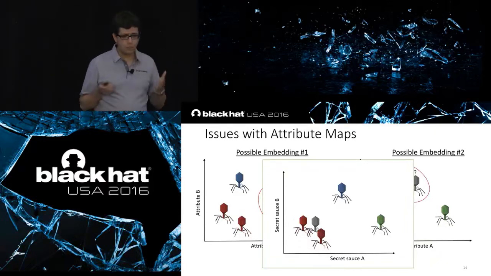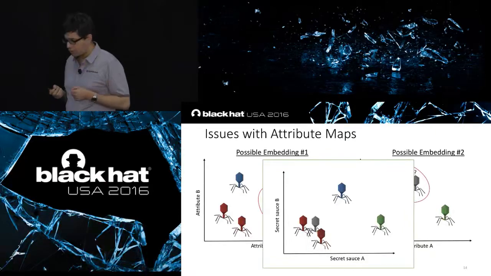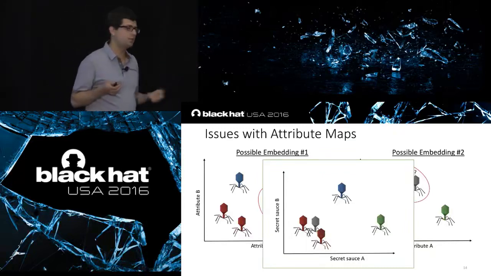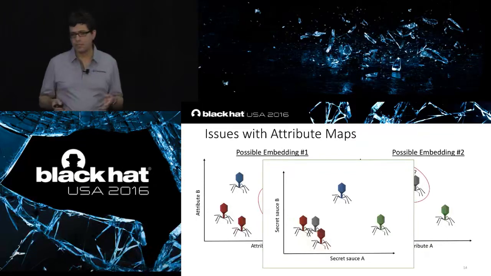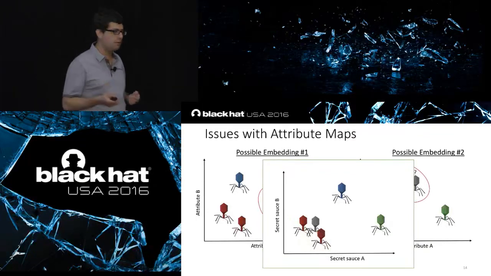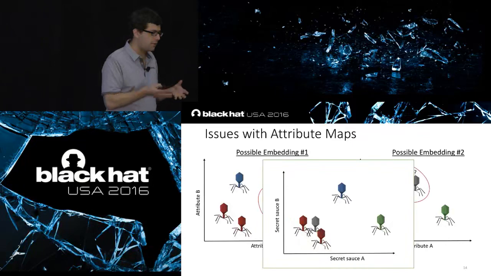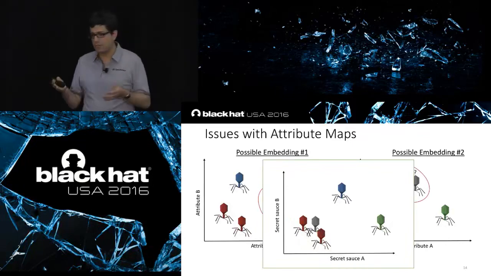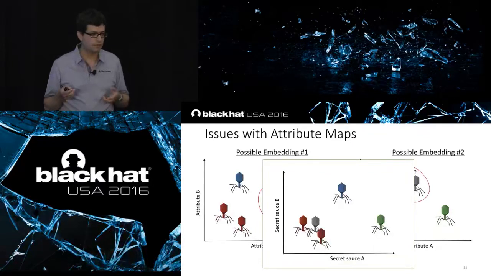So you can imagine you have two organizations. Imagine you have Kaspersky and you have Microsoft or Symantec. Kaspersky has one set of families, and they care about identifying that. They define families in a certain way. But Microsoft has a competing definition of malware families.